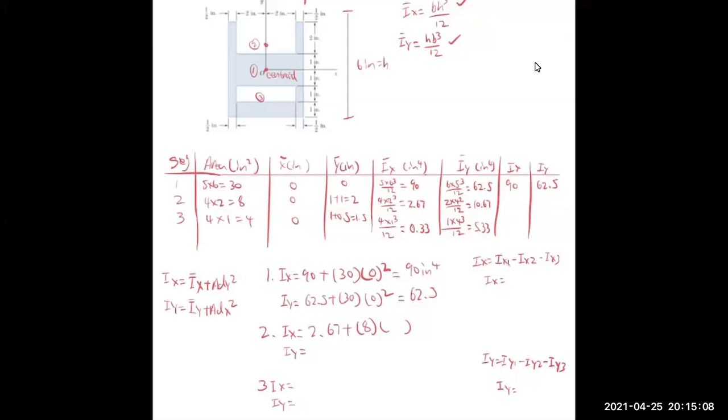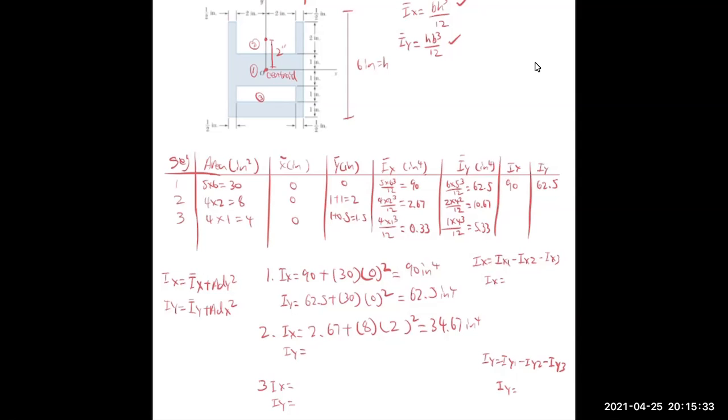And here is the centroid of segment 2, right? And the distance between them along the y-axis is 2 inches, right? So 2 squared, and I got that as 34.67 inch fourth.